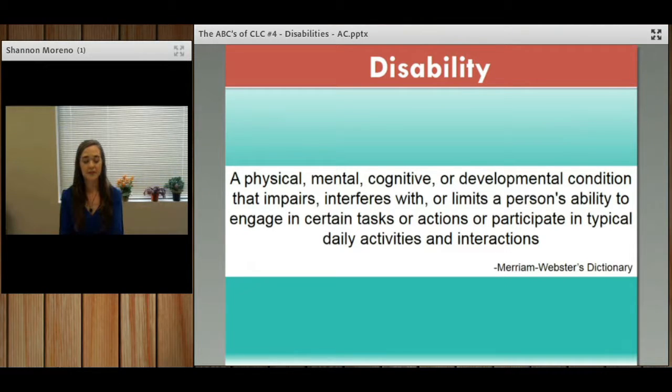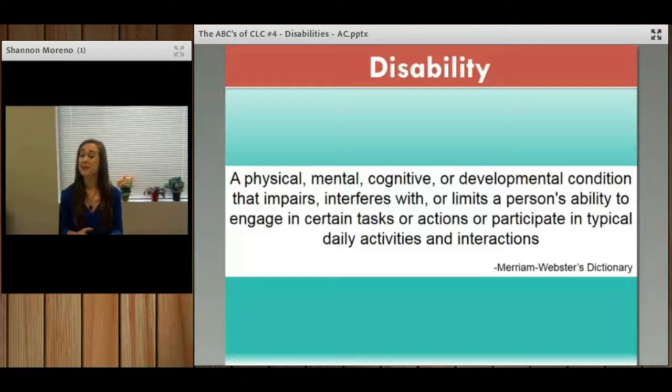So, getting started with today's focus on persons living with disabilities, first of all, we have to take a look at that term, disability. The term that you see on the slide for disability is literally from Merriam-Webster's dictionary, very cliche, I know, but this is also the way that a lot of folks view disability.